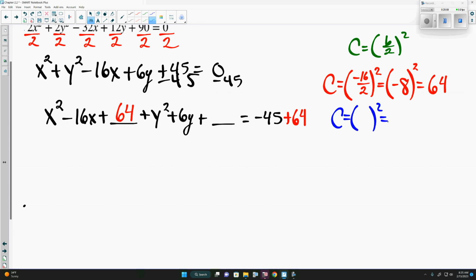We have to do the same for y. Now y's b term is 6, so we'll have 6 over 2 squared. 6 divided by 2 is 3, and 3 squared is 9. So we'll add 9 to both sides.